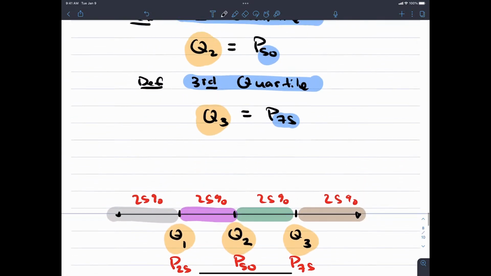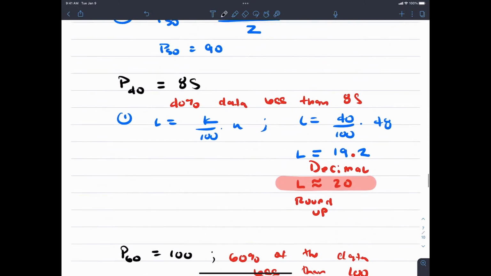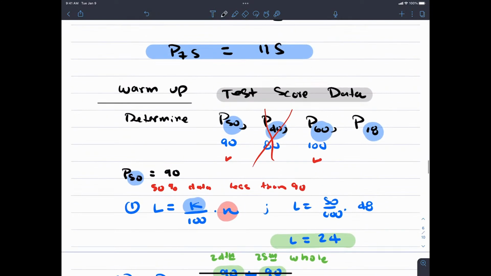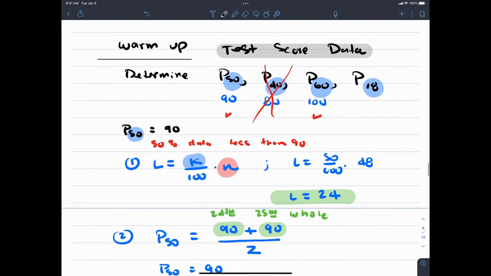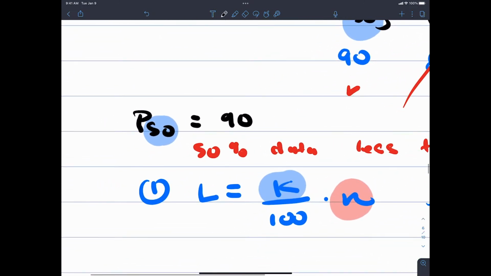So go back and let's see if you guys remember any of these here. What did we just find here? What's P50? Is that 90? I'm going to copy that.